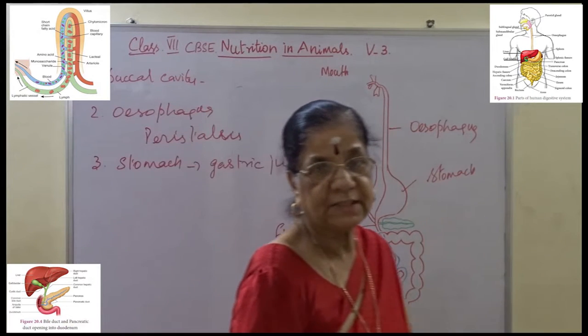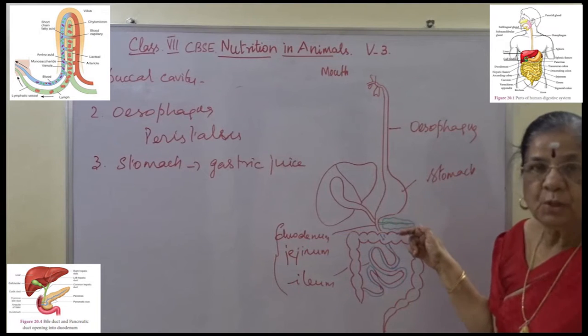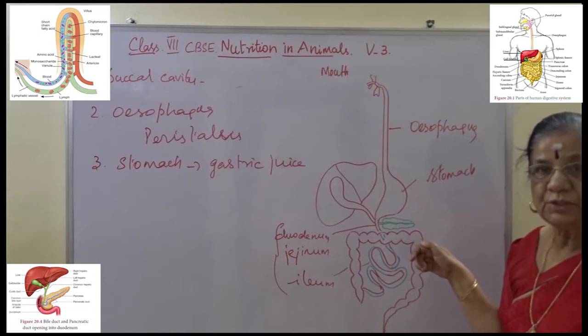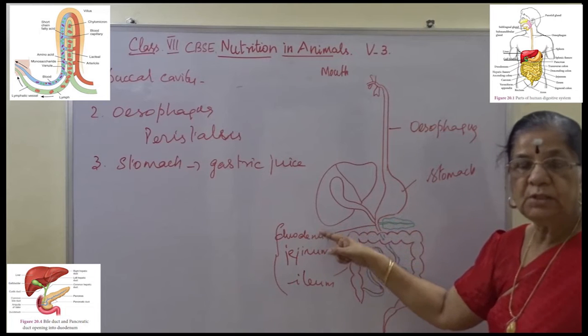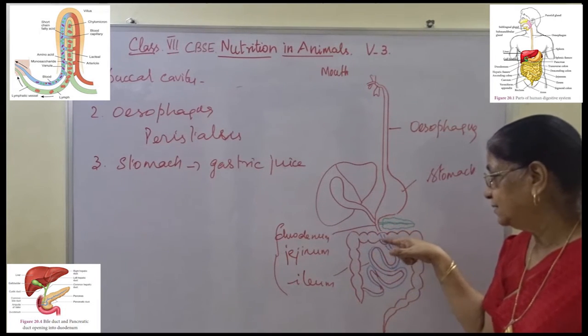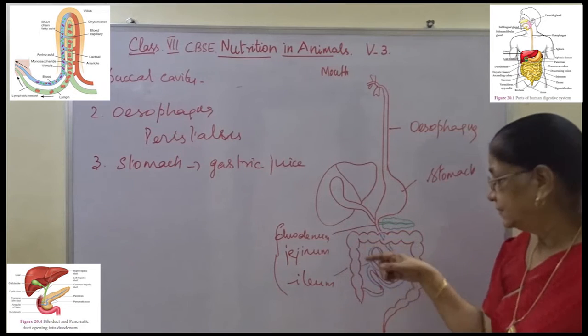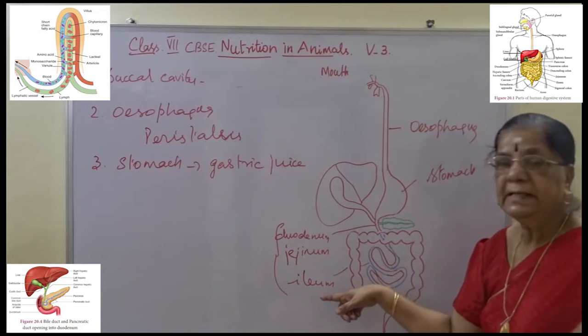I hope you are listening. So from the stomach, the small intestine continues, where the U-shaped portion is called duodenum. Then this blue colored area is jejunum, and then the continuation is the highly coiled ileum.